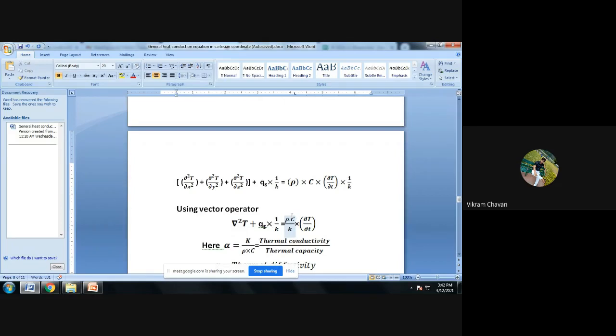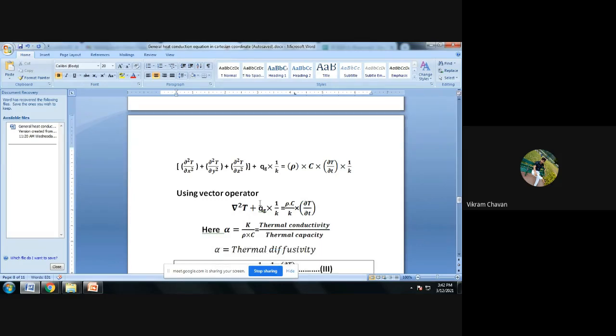The equation for thermal diffusivity is K by rho C. Thermal diffusivity can be defined as the ratio of thermal conductivity to thermal capacity, where K is the thermal conductivity and rho multiplied by C is the thermal capacity.